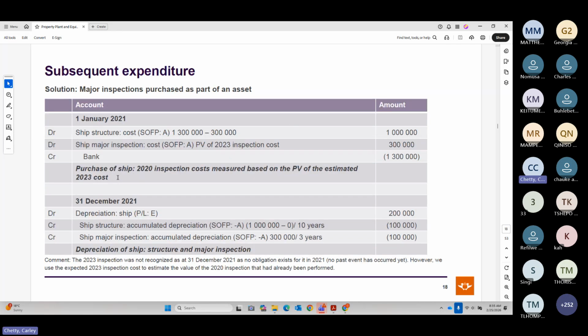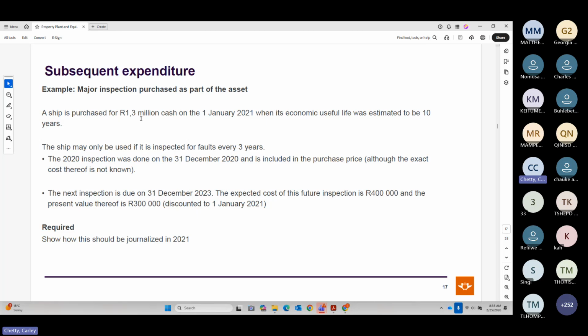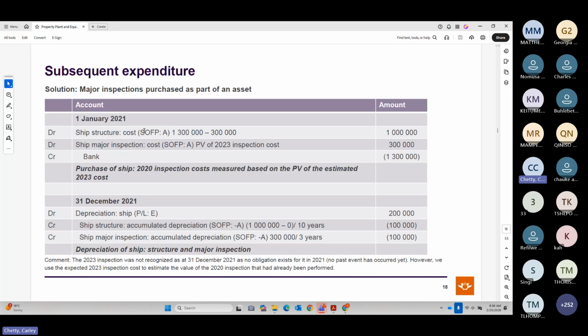Okay, so here we have the ship, and they told us that it was purchased for 1.3 million, and we are going to split the ship structure cost from the ship inspection cost. So you can see that they are recording the ship structure separately from the major inspection. Let's have a look at the ship major inspection first.